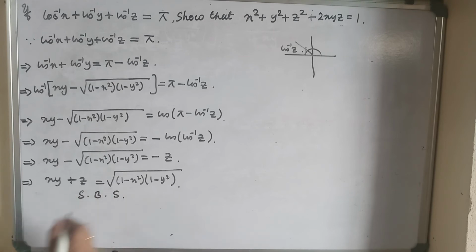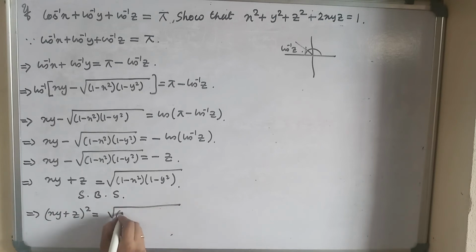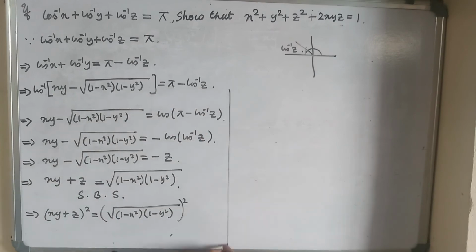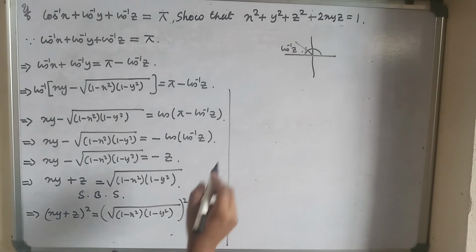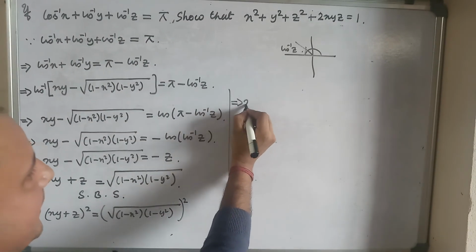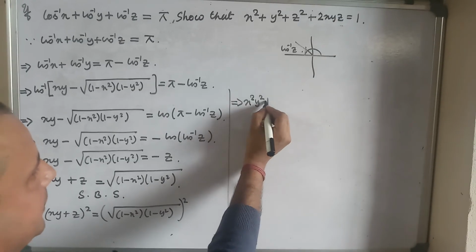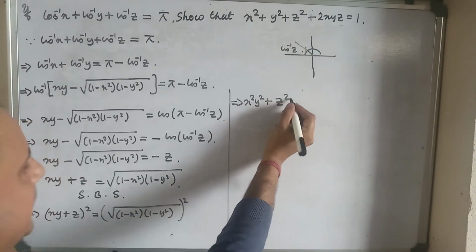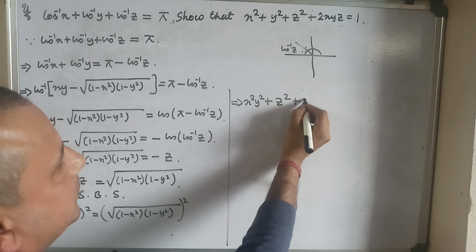Squaring both sides, (xy+z)² = [√(1−x²)(1−y²)]². Now I'll use the formula (a+b)² = a² + b² + 2ab.